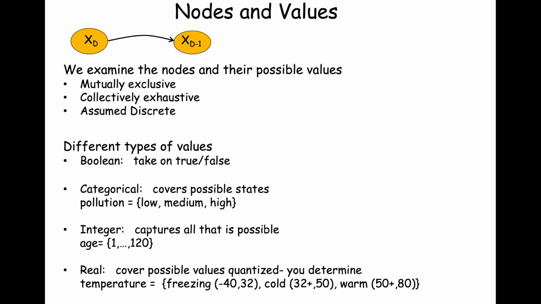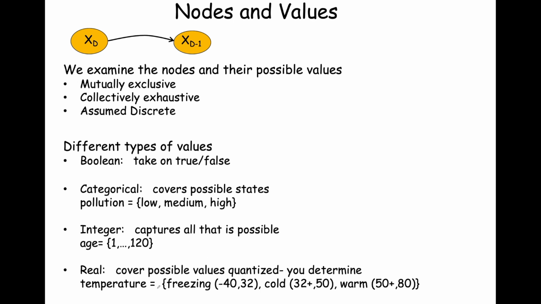An integer could capture all that is possible. So let's say if you had an age variable, age can go from 1 to 120 or 130, for example, enough to cover all the ages that you might encounter for a measurement. If you have a real value quantity, you can cover all of the possible values by quantizing those real values.